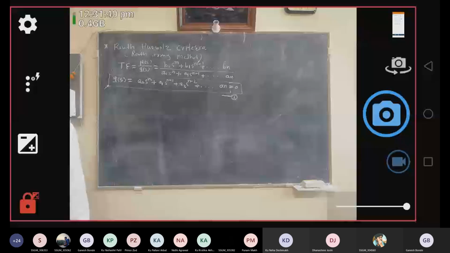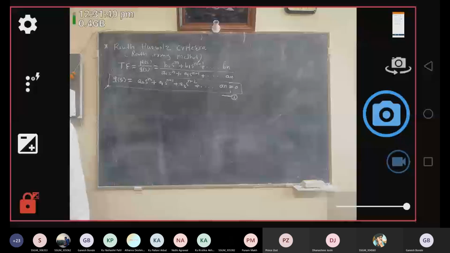So how do we prepare the Routh array? The characteristic equation is arranged such that you start with the first element a0, then consider alternate coefficients: a0, then a2, then a4, like this. This is the element corresponding to the first row of the Routh array.